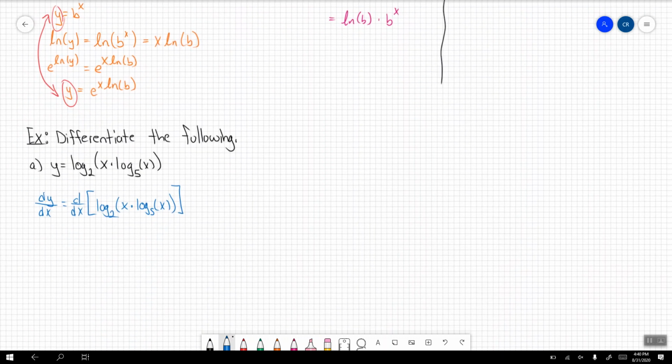Which means that when I take the derivative of this natural log, what I am going to get here is going to be, this is equal to 1 divided by the argument, and that argument is x times logarithm base 5 of x, as such, multiplied by the natural log of the base of the logarithm, which I just took the derivative for, and that was 2. There we are.